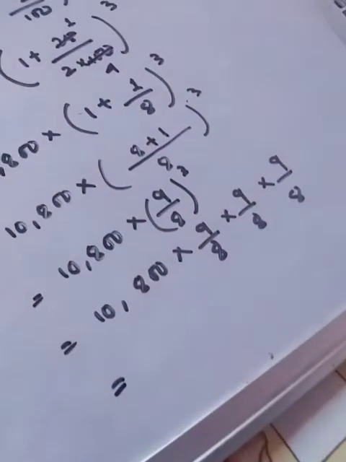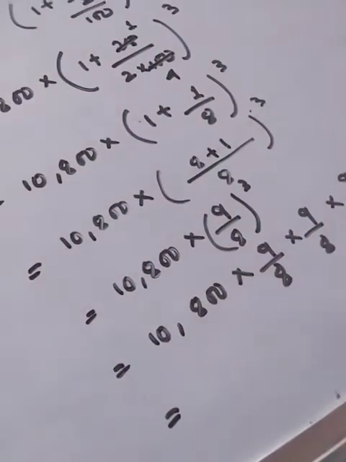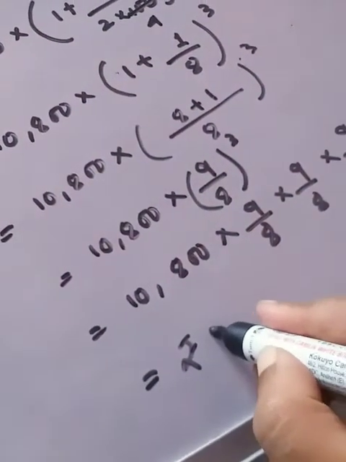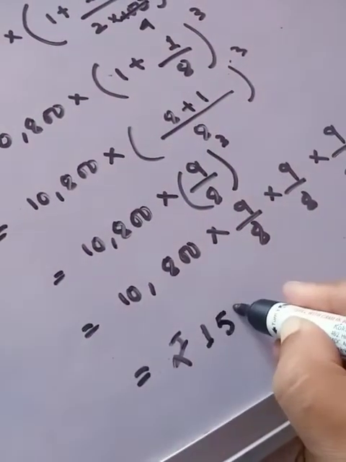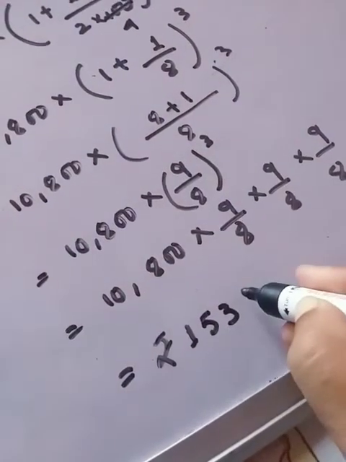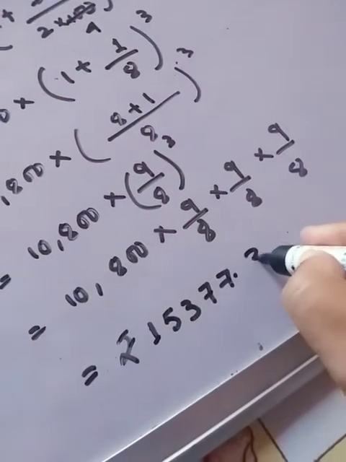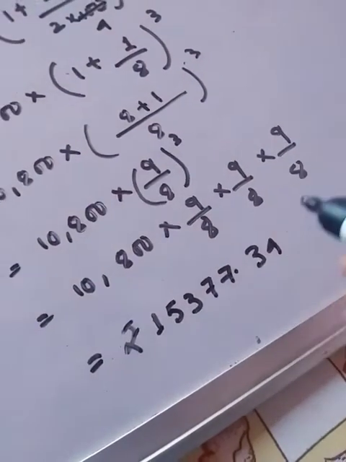When you solve it, you get the answer 15377.34. We'll keep our answer up to 2 decimal places only.